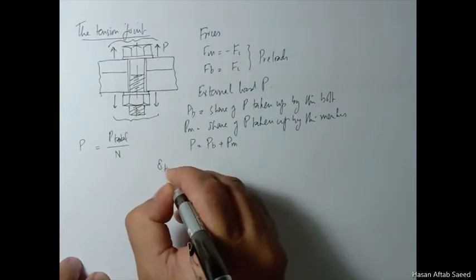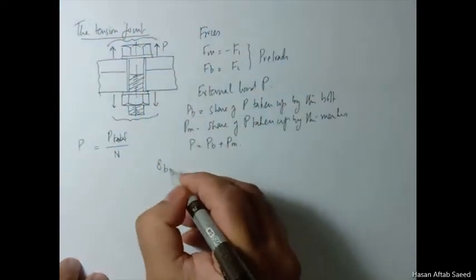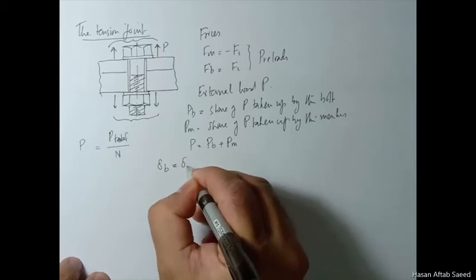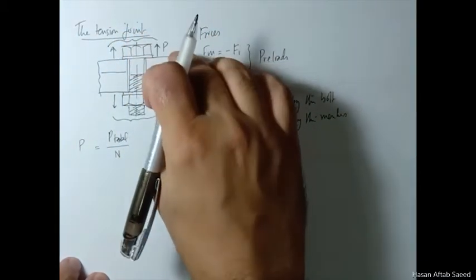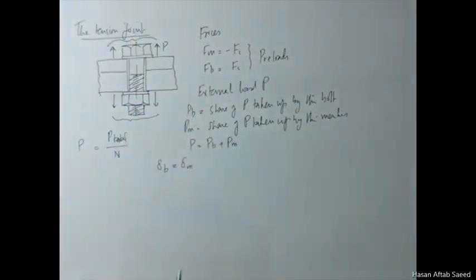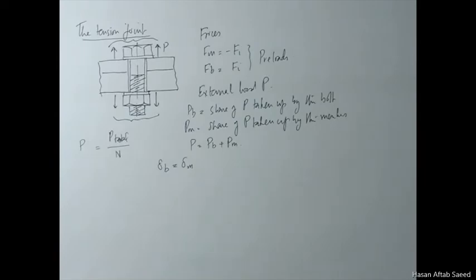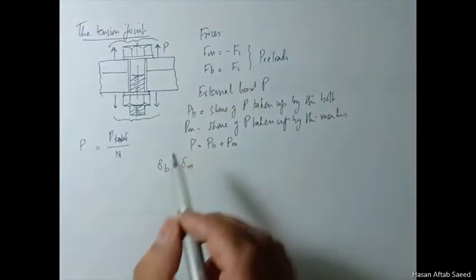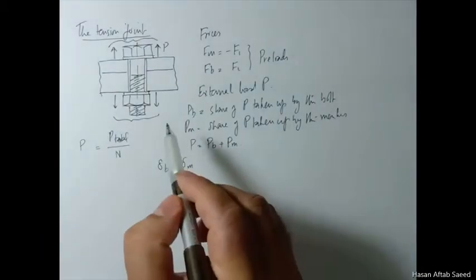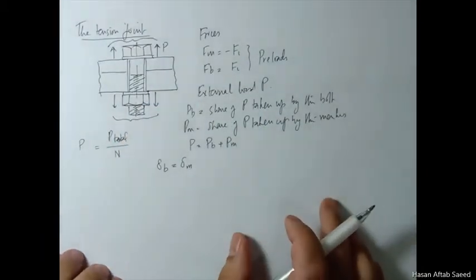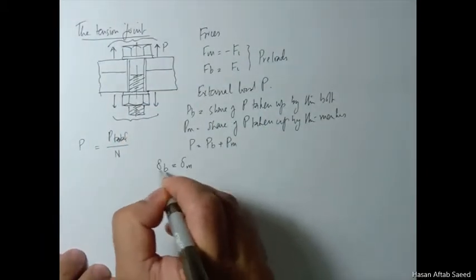Now delta in the bolt, which will be extension, will be equal to delta in the members, because the members will now experience less compression than they did before the application of the external load, and this change in length must be equal. Now if that is so, we know the formulas for these.